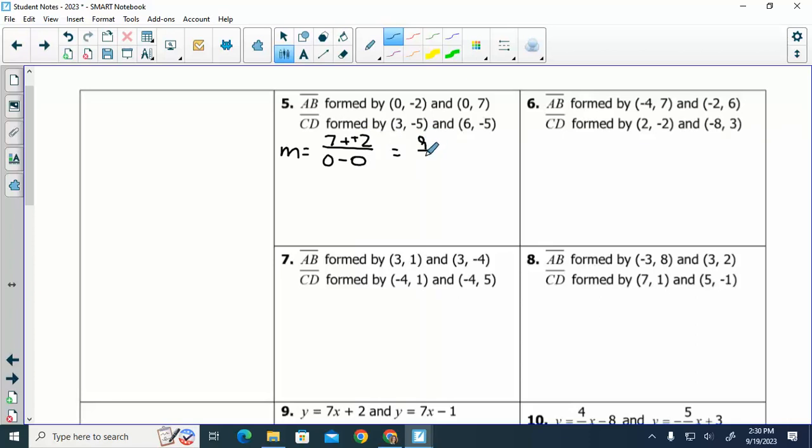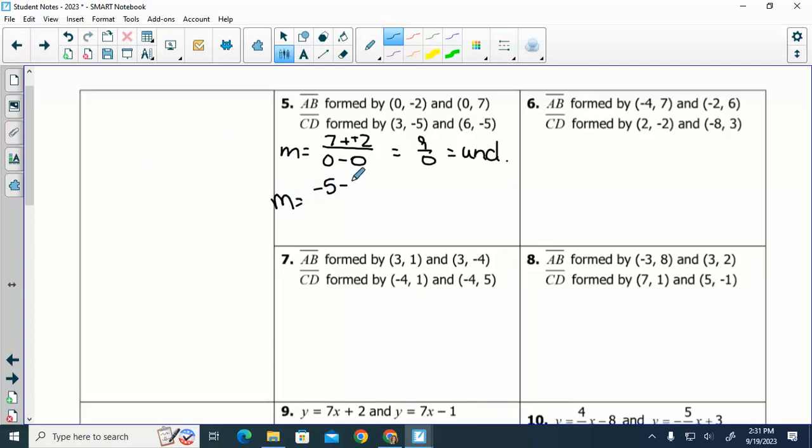We get 9 divided by 0. What is 9 over 0? Undefined. Can't have 0 on the bottom. So a parallel line would have a slope undefined. What kind of slope would a perpendicular line have? 0.